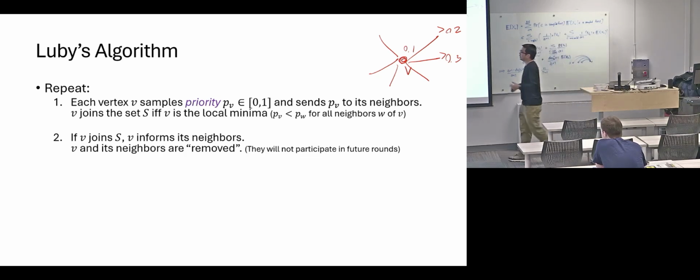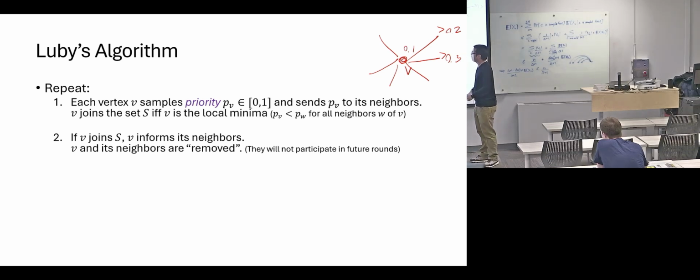Once V joins S, this is done in one round, and in the next round, once V knows that it joins S, we just inform its neighbors: I tell you, my neighbors, that I'm already in S. So what we do is that V and its neighbors are now removed.